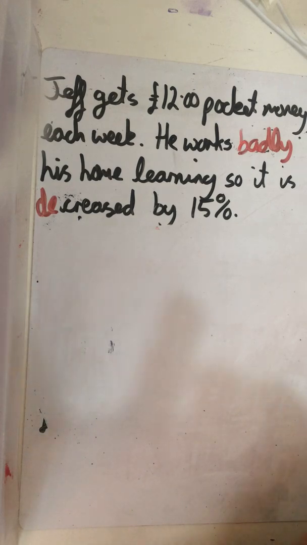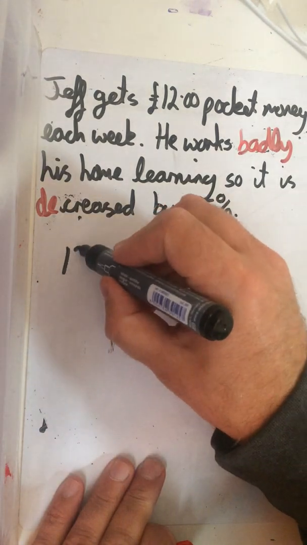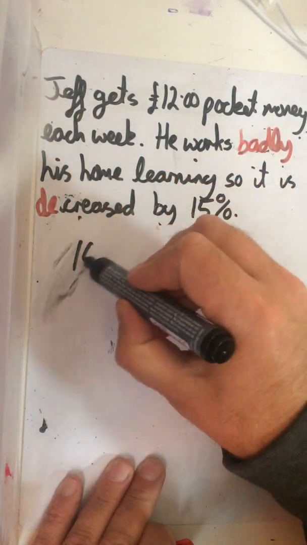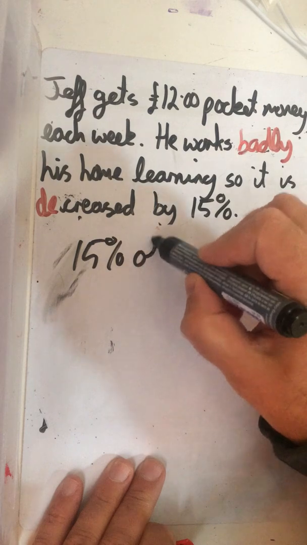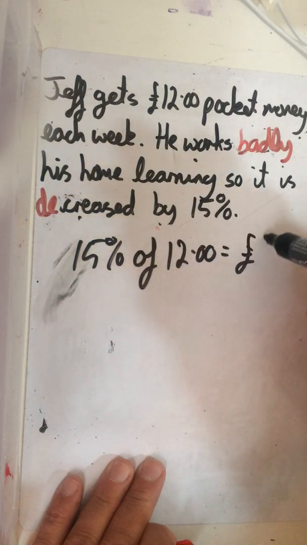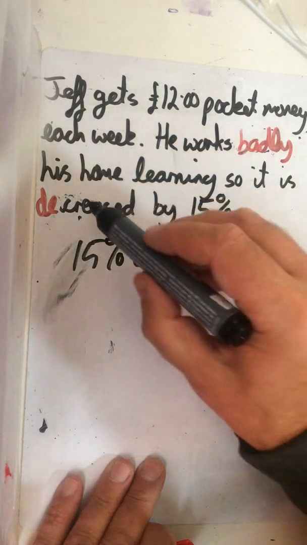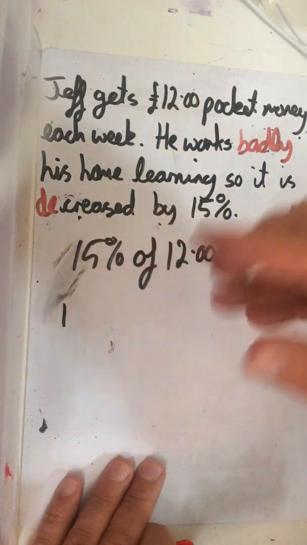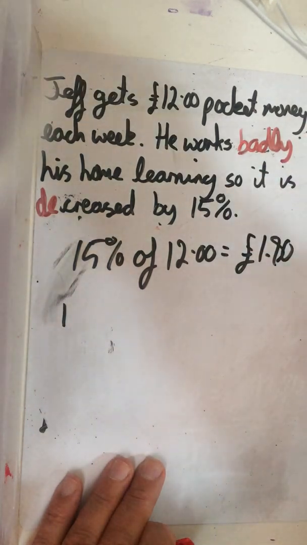Right, so in this case, the same sort of rules apply, isn't it? We still have to find 15% of £12, which is £1.80, as we worked out earlier. Now he gets a decrease.